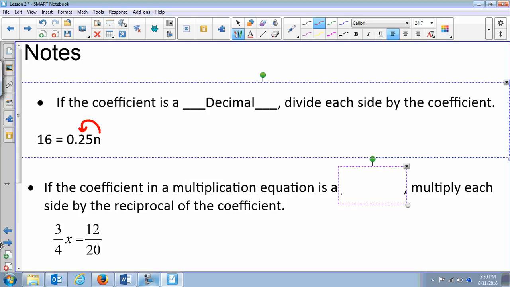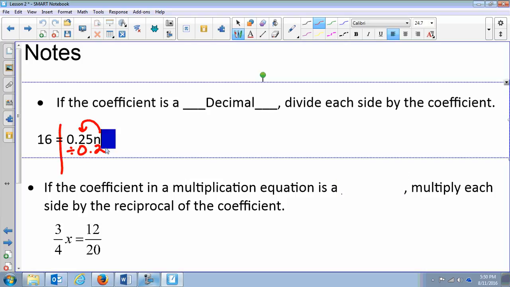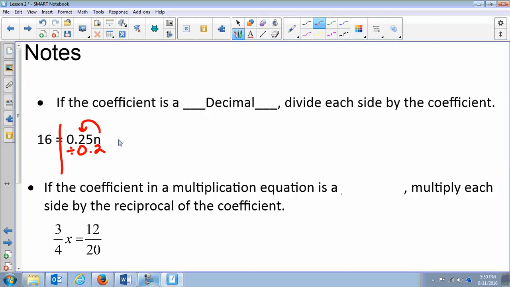Since it's connected by multiplication, we learned yesterday that the opposite of multiplication is division. So I'm going to undo it by dividing both sides by my coefficient, which is 0.25. If I do it to one side, you remember we have to do it to the other side in order to keep it equal.